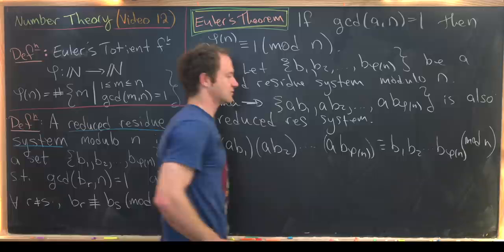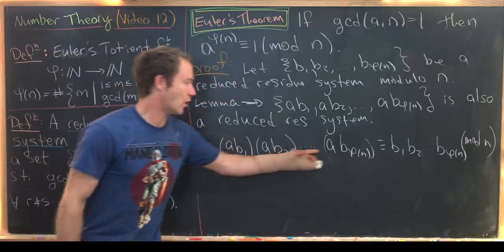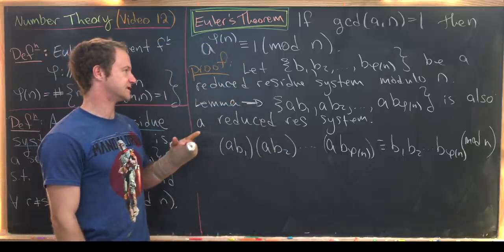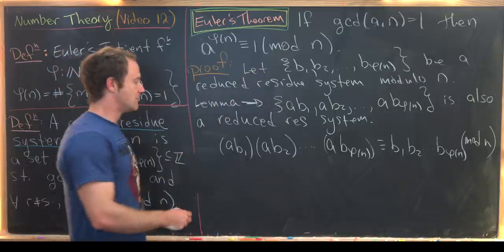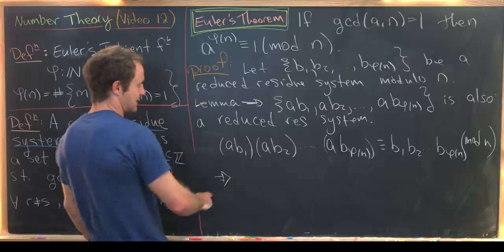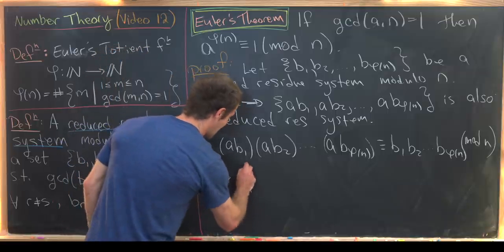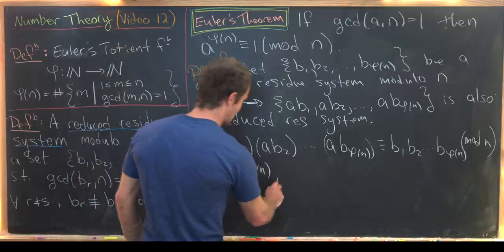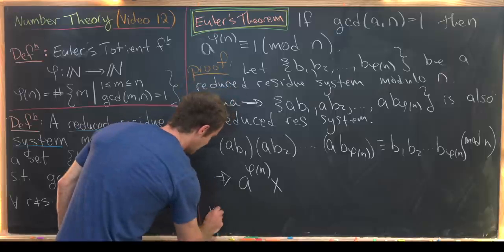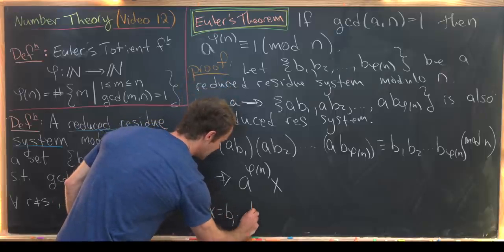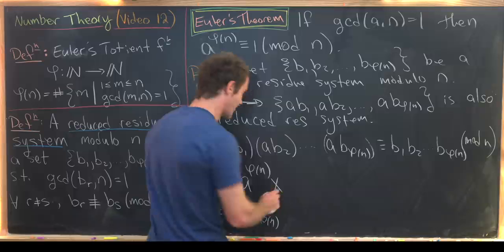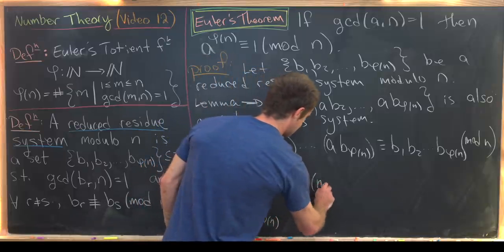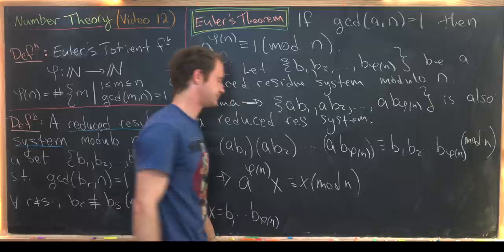One with our original reduced residue system, and one with our new reduced residue system built out of our original one and the number a. But let's notice that this is equal to a to the phi of n times x, where maybe we could say x is this product b1 up to b phi n. And then the right-hand side is just x mod n.